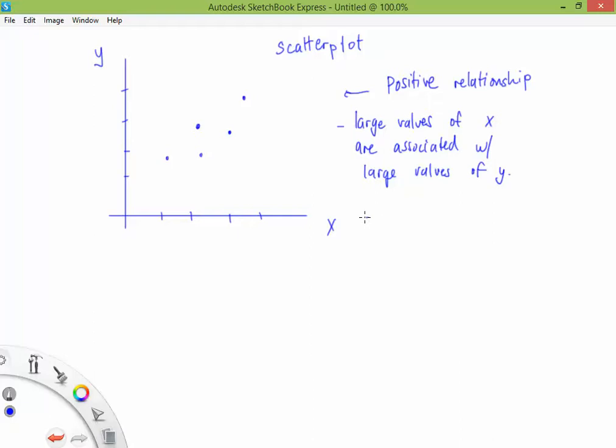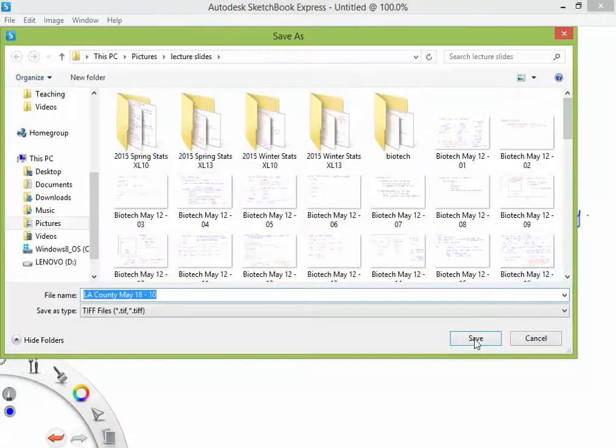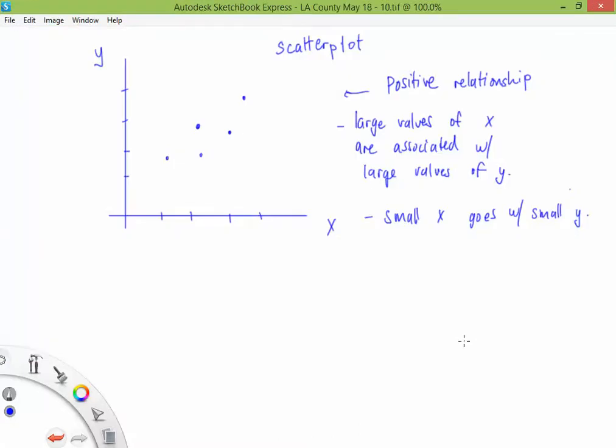Small values of x, this is what positive relationship means. Small x goes with what? Small y, right? That's what a positive relationship means. Big x goes with big y, small x goes with small y. And x is just a generic placeholder for whatever variable is here, right?